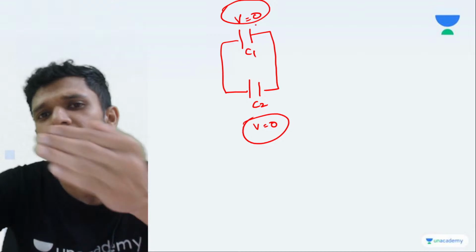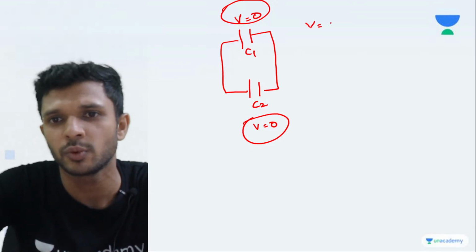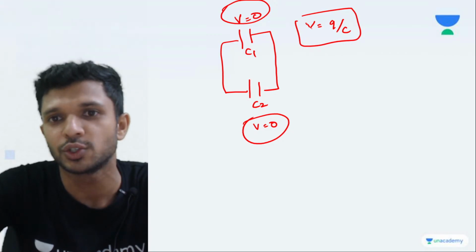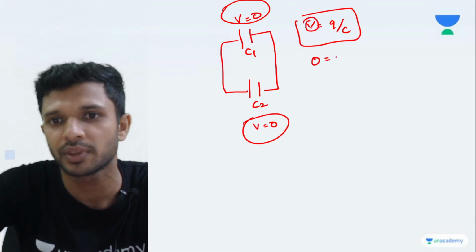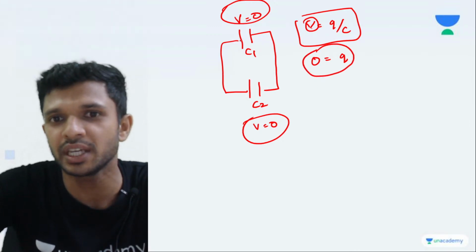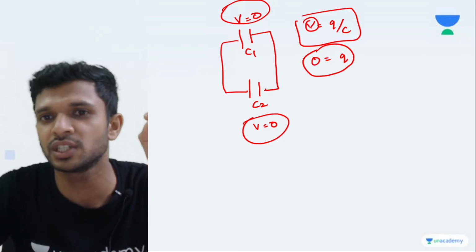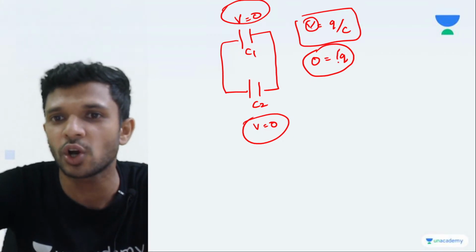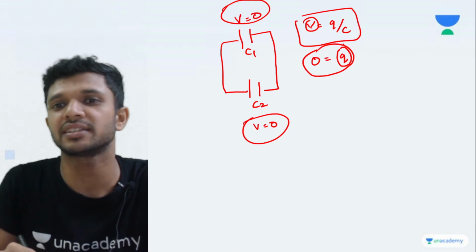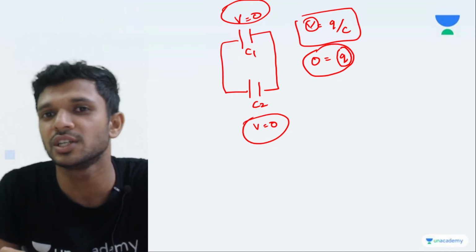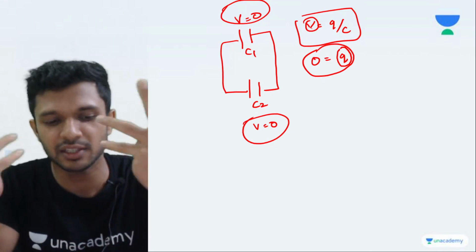Let me write the general equation for potential, V equal to Q by C. So if V equal to 0, what will also be equal to 0? Charge. Which means if the potential on each of these capacitors becomes 0, the charge on each of them becomes 0.